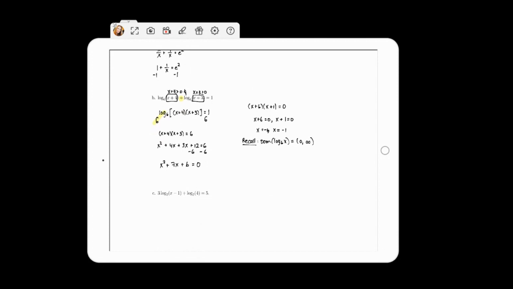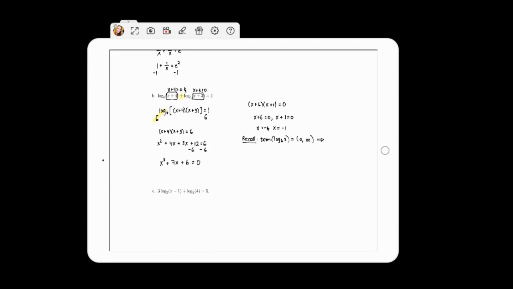So totally what that means is that the domain of our function on the left-hand side is going to require x to be greater than negative 4.